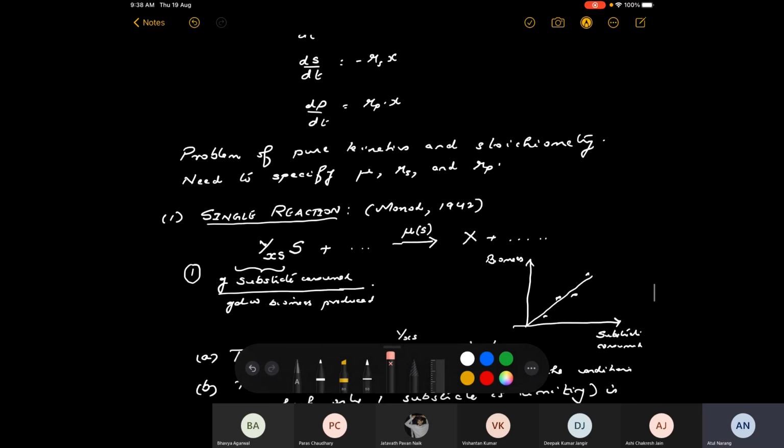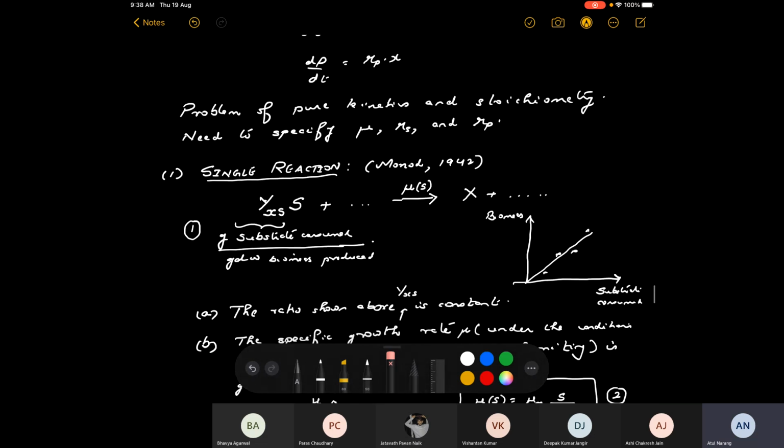And the first attempt was made by Monod. He basically viewed growth as a single reaction in which a certain amount of biomass is produced. He called it yield; it's basically a stoichiometric coefficient called y-XS. The second subscript denotes the grams of substrate, and the first subscript denotes the grams of biomass. So taken together, y-XS represents the grams of substrate consumed per gram dry weight of biomass produced.